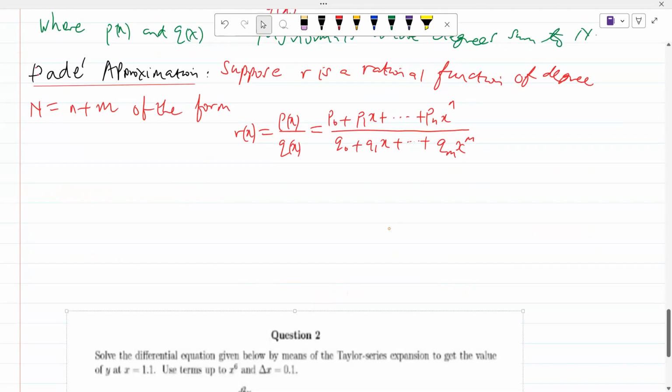So with this Pade approximation, I want to say something about it before we move on. I want to create a general notion here.